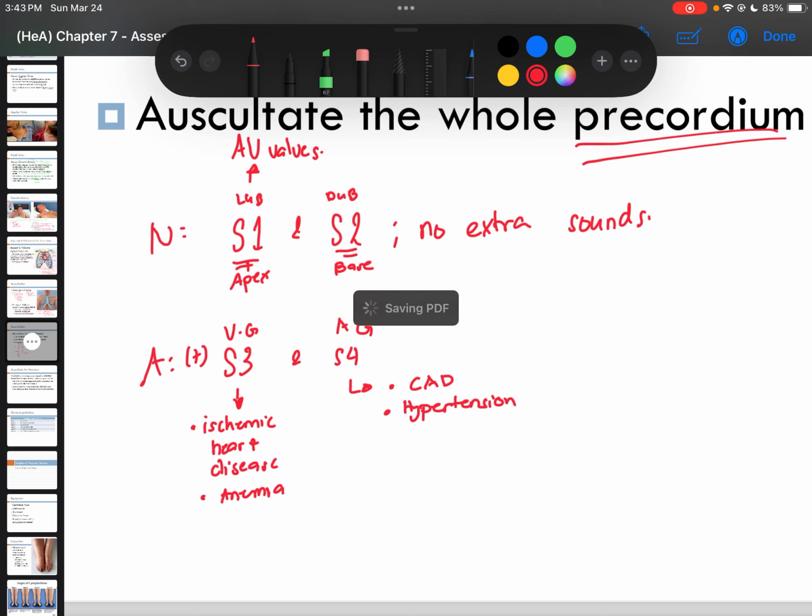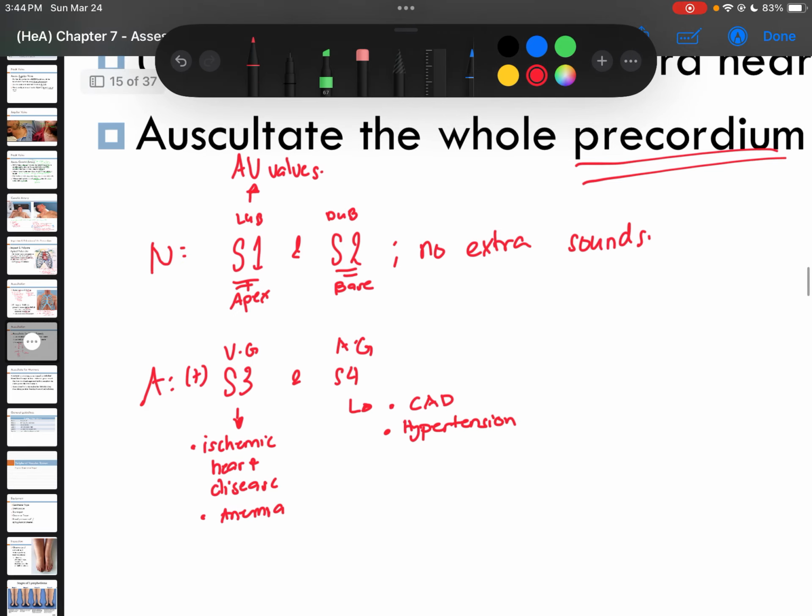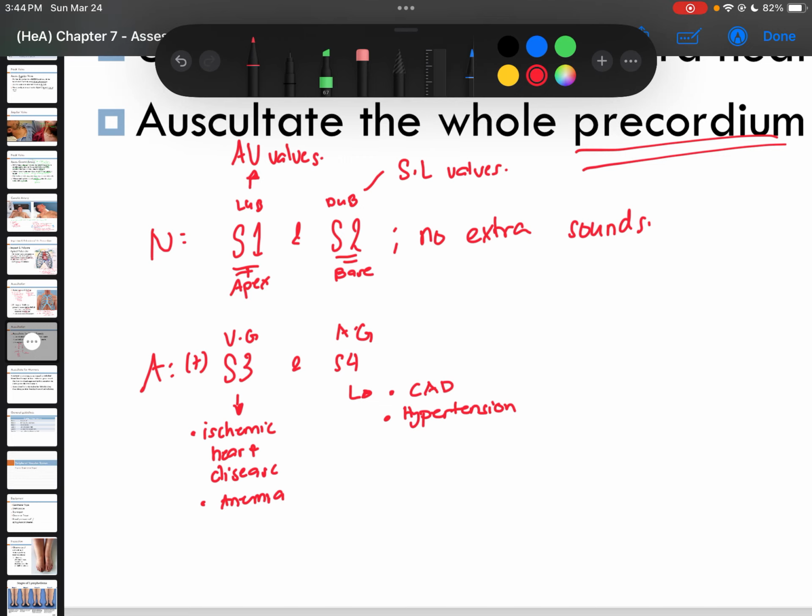If you look at the anatomy of the heart, the AV valves are much lower, or inferior, compared to your semilunar valves. The apex is the lower part of the heart. Whereas S2 is heard during the closure of the semilunar valves. Anatomically speaking, the semilunar valves are superior compared to your atrioventricular valves, so they are much closer to the base.